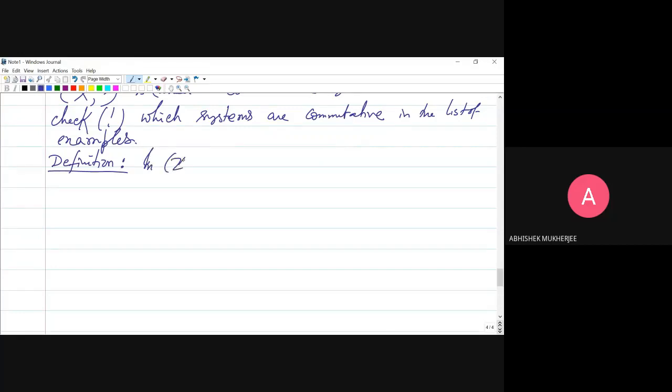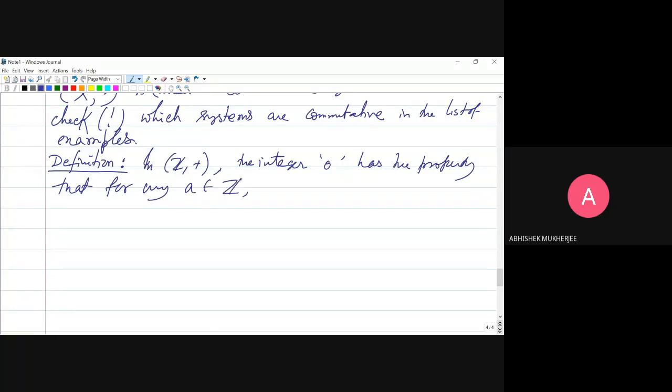Now in Z plus, the integer 0 has a special kind of property, which is that for any integer a, if you add a to 0 or 0 to a, it will leave the same integer: a plus 0 equals 0 plus a equals a.